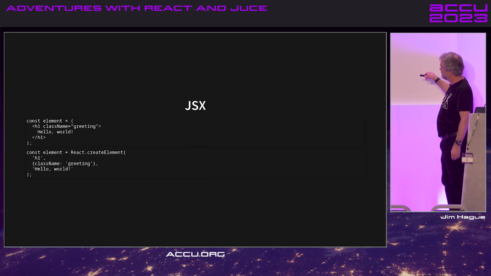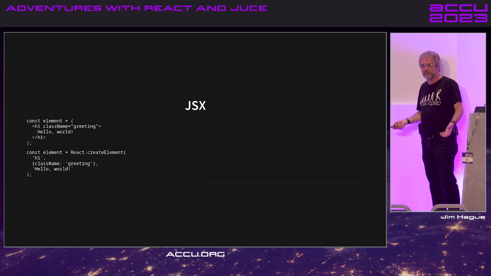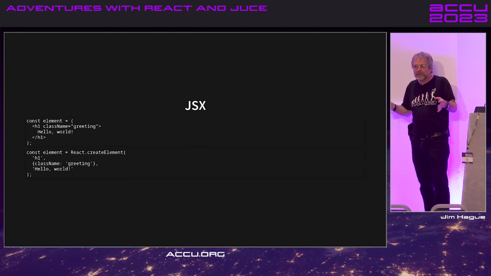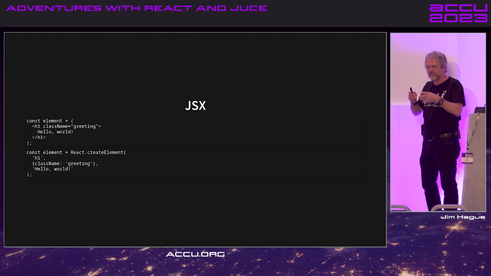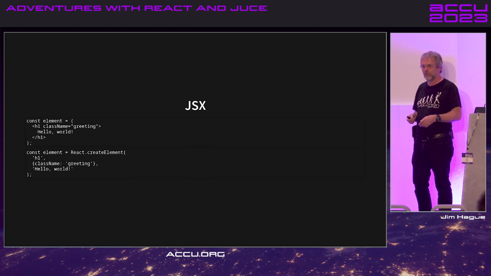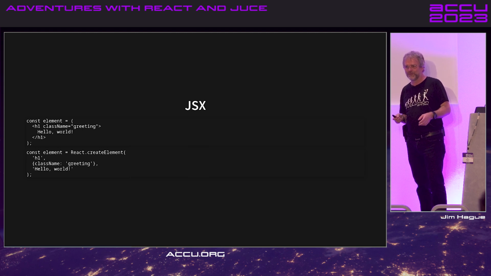This bottom one is the actual JavaScript code you're executing. All right? JSX is essentially a bit of syntactic sugar that lets you write something that looks, in this case, like HTML, so you can see what you're dealing with, basically. You can see the HTML wood for the trees, and JSX transforms it into what you actually should have written.